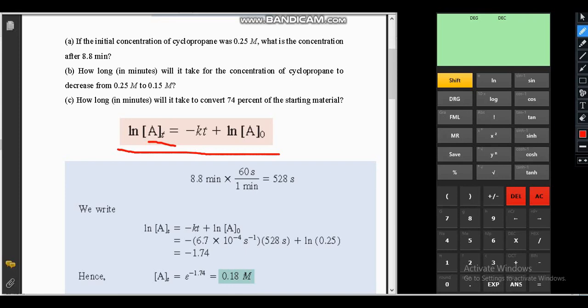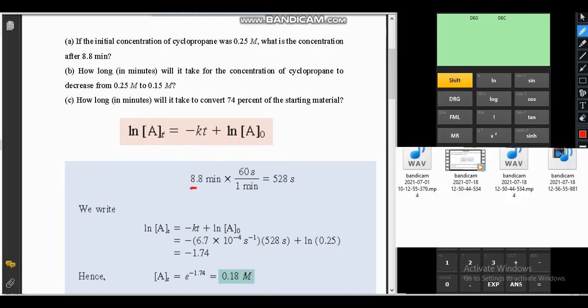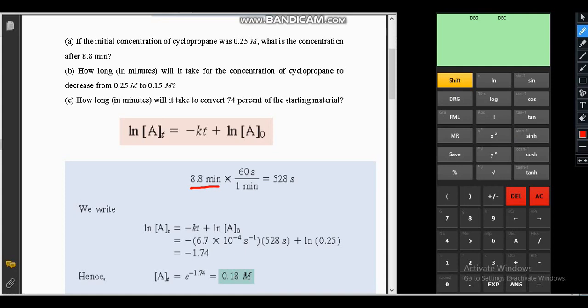The K value that has been given has the unit second to the power negative 1, and in our question the time is in minutes. So the first thing we need to do is to change the time from minutes to seconds.